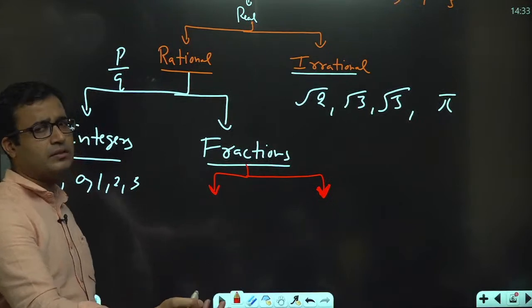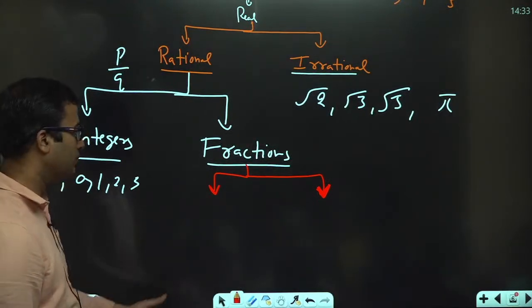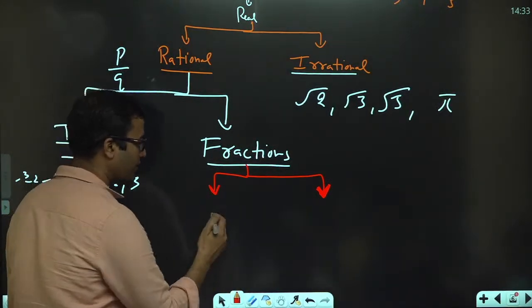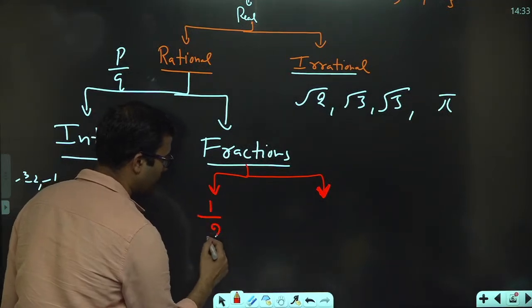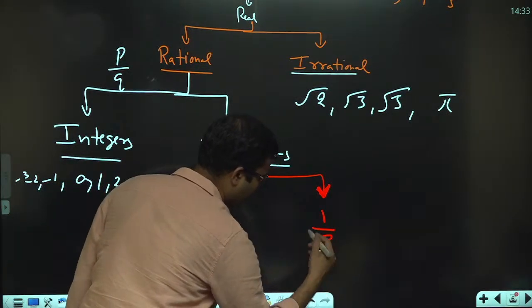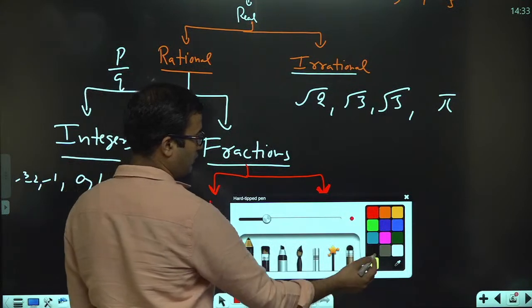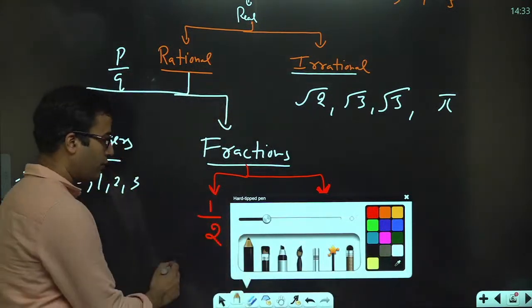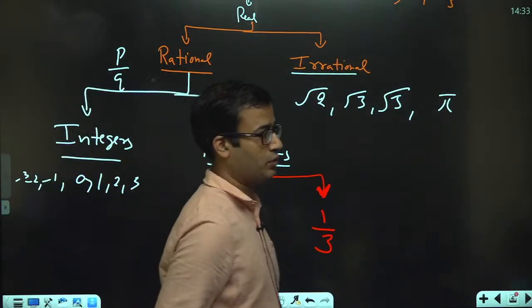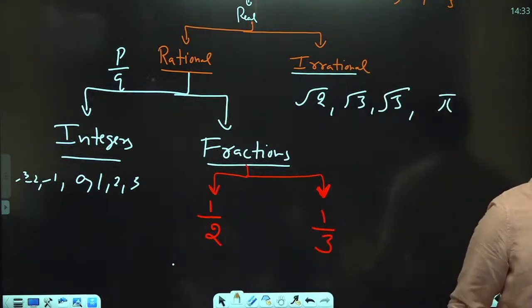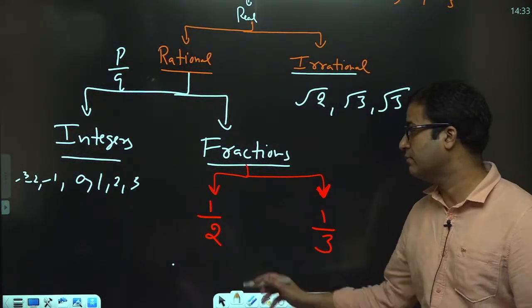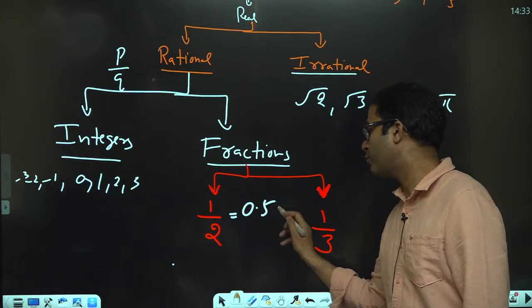I will come to proper and improper later. That is okay, but my concern is just write the examples 1 by 2 and 1 by 3. If you convert 1 by 2 into decimal, what will you get? 0.5.